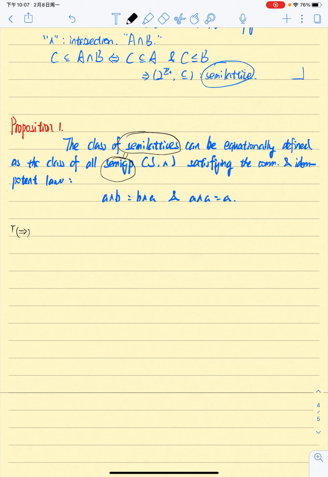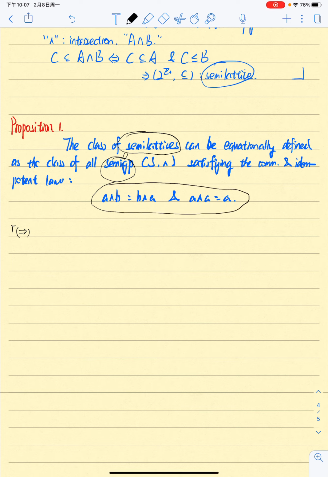Okay, for the first direction, suppose this is a semi-lattice. Then we should prove this is a semigroup. Actually, it is very easy to prove this is a semigroup, and we should prove the semigroup satisfies these two laws.